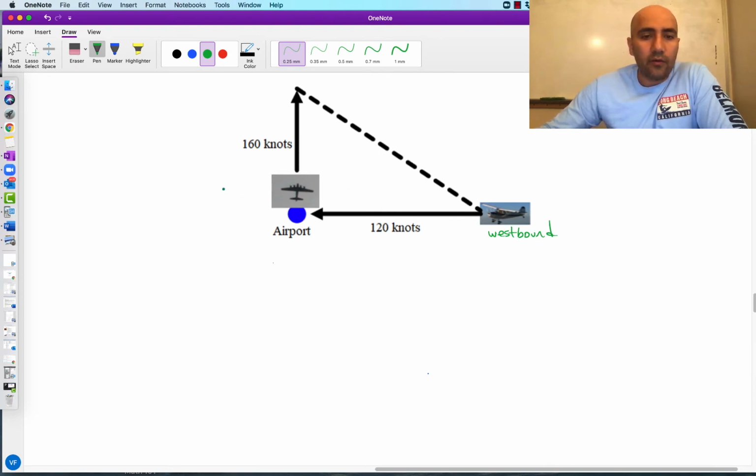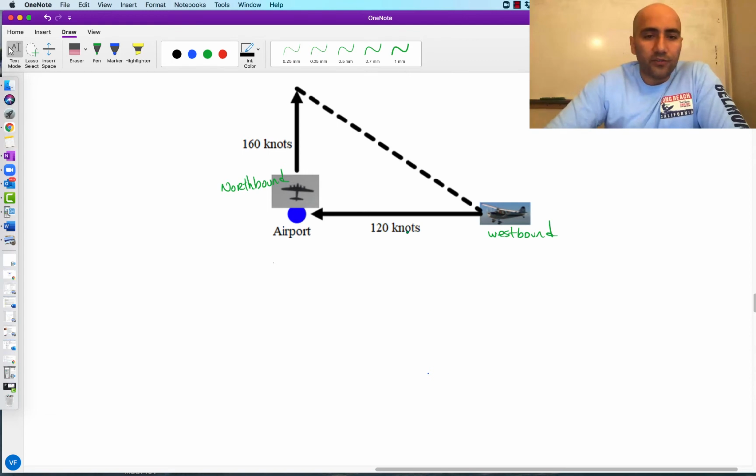So this is the northbound airplane going that way. And then these are the rates of change, right? This is a measurement of velocity for the airplane. 120 nautical miles per hour, knots, is heading westbound.